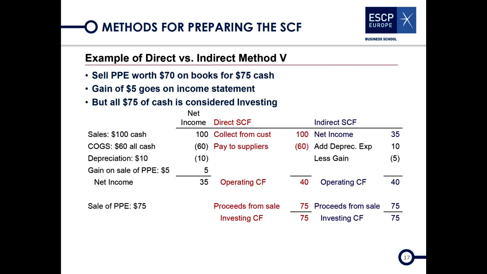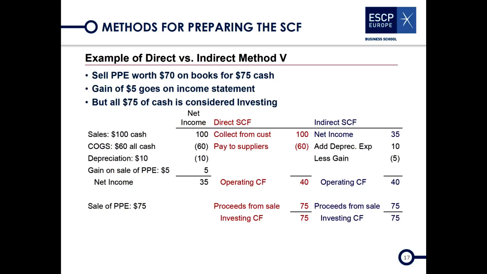So this is an example of something which should be eliminated, not because it's a non-cash item, because actually it is a cash item, it's 75 that we got from it, but because it belongs to a different section. It belongs to the investing activity section and not to the operating activity section.